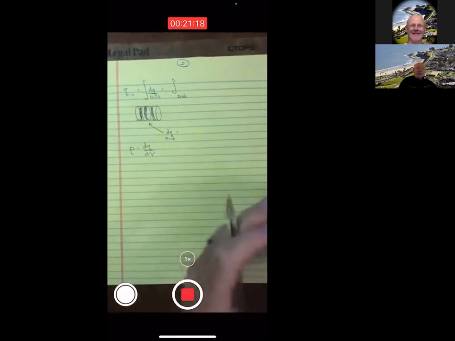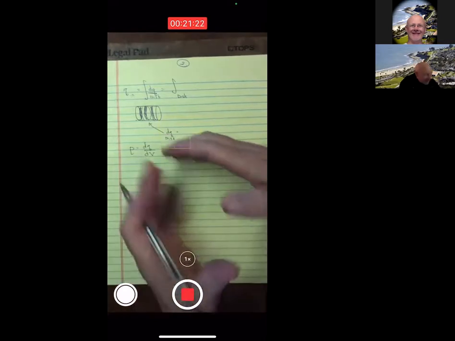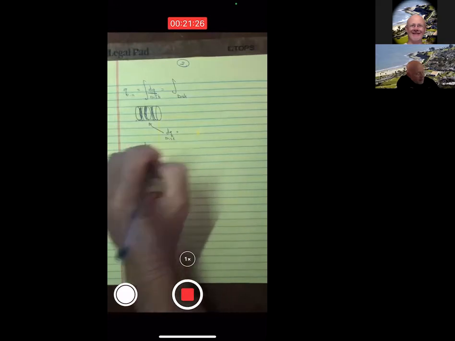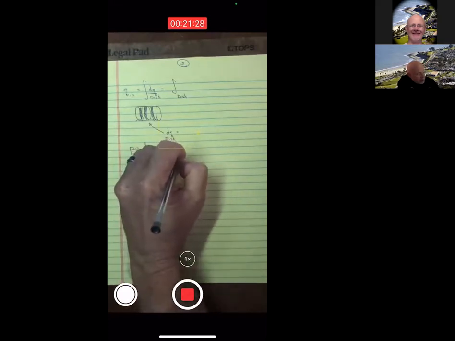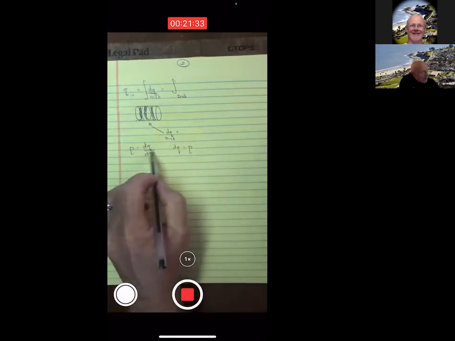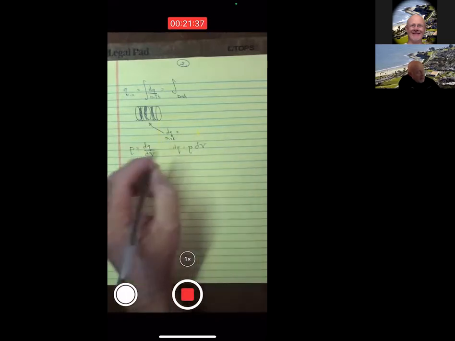So if I'm looking at this little thin slice of a disk, then this dq for my disk would be the density of wherever that disk is times the volume of that disk.